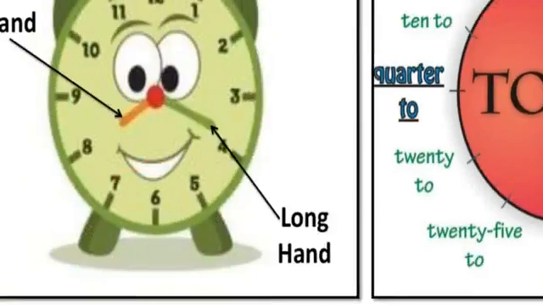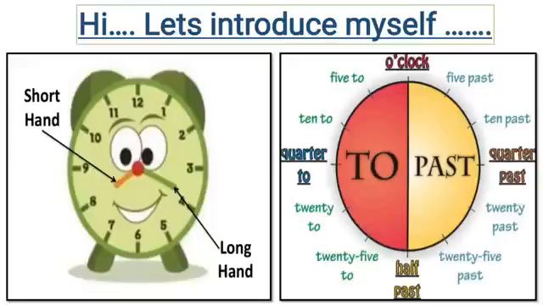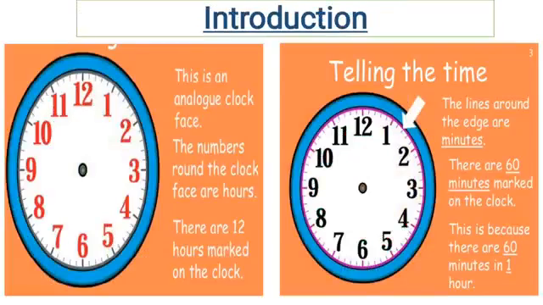Now then comes the introduction. Here two clocks are drawn. In the first clock, I tell you that this is an analog clock face and the numbers round the clock face are hours. There are 12 hours marked on the clock.